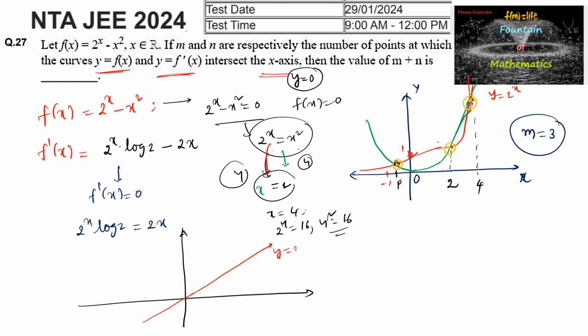And the next graph is 2 power x log 2. When x is equal to 0, it is log 2, when x is equal to 1, it is 2 log 2, so we can draw the graph.